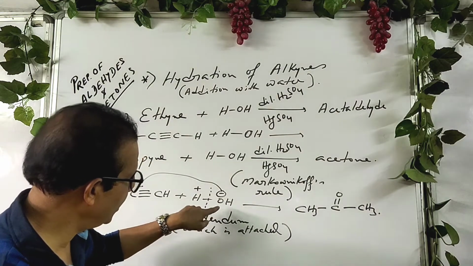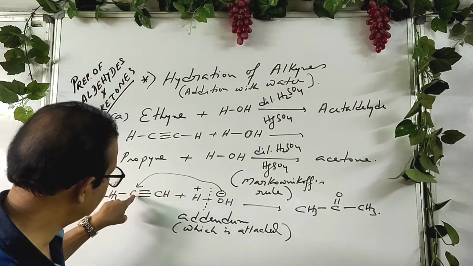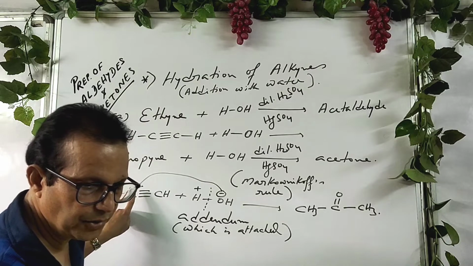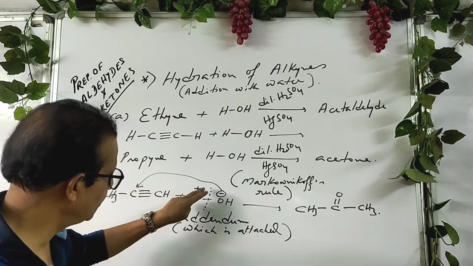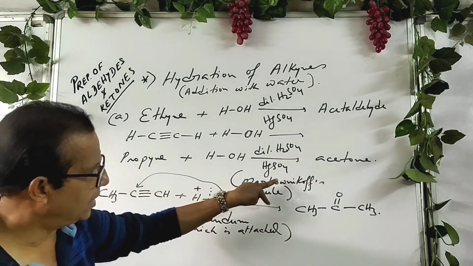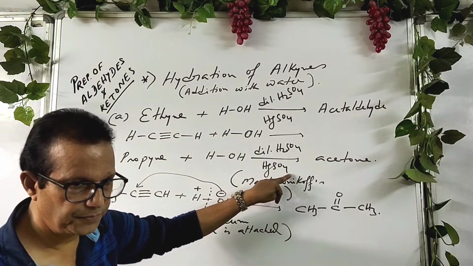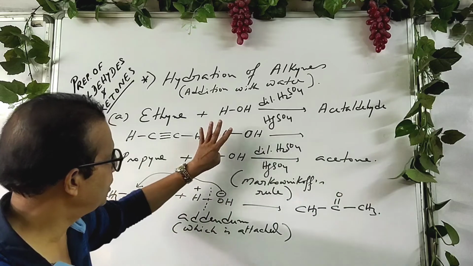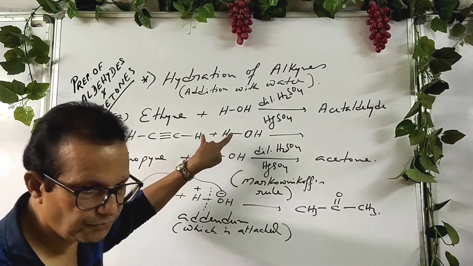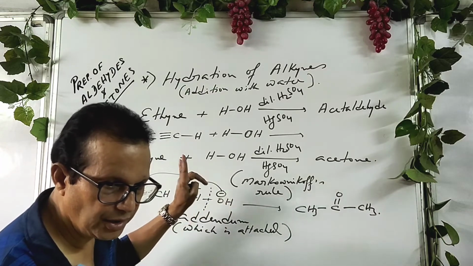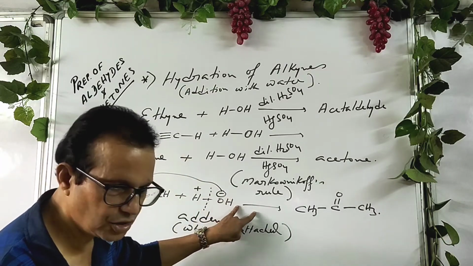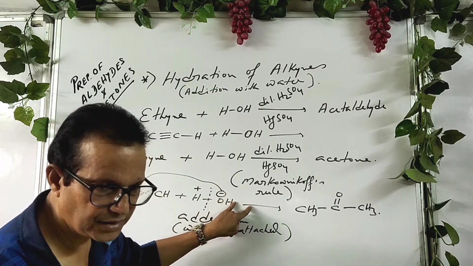The negative part of the addendum is attached to that triple bonded carbon atom which contains less number of hydrogen atom, and thus here Markovnikov's rule is followed. So let's start the first reaction, follow the technique. Second reaction, follow the technique. I will give the mechanism of the second reaction because this is very important for entrance exam.